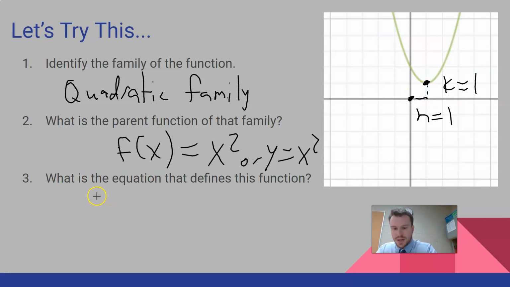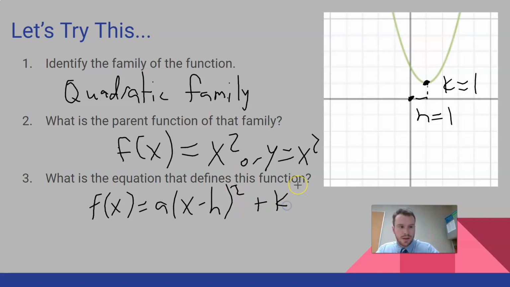So now we can use that general form, f of x equals a times x minus h squared plus k for the quadratic family, right? Now it actually has not been stretched vertically, so a is going to equal 1. If you multiply something by 1, it doesn't change, right?